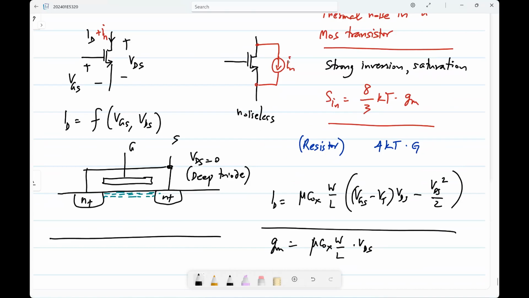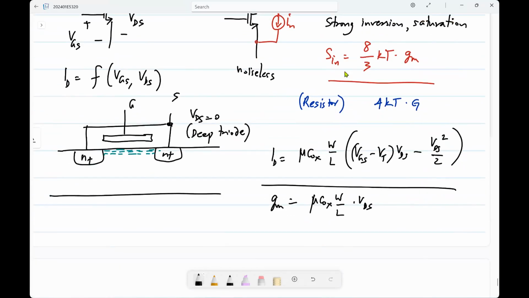So it's not 4 kT times GM. So what is it? 4 kT times the conductance, right? The conductance that appears between the drain and source. So in the triode region, this is true strictly when VDS equals 0, the expression for the noise current is 4 kT times GDS. Now, what is the expression for GDS in the triode region?